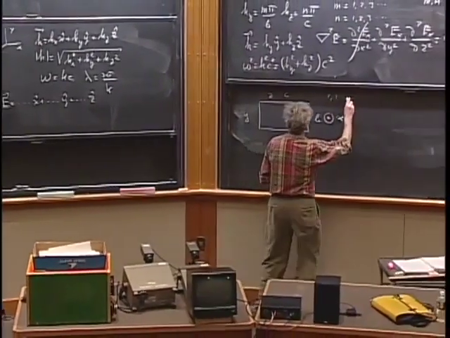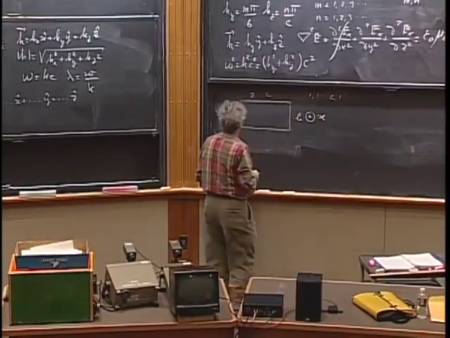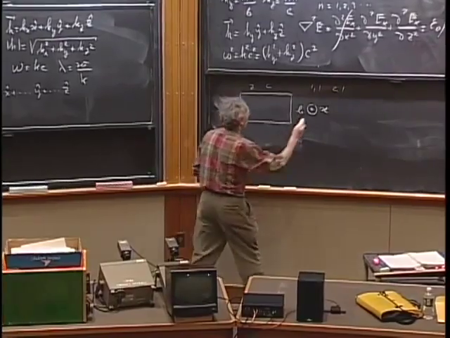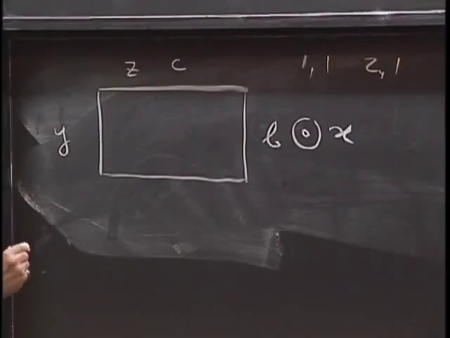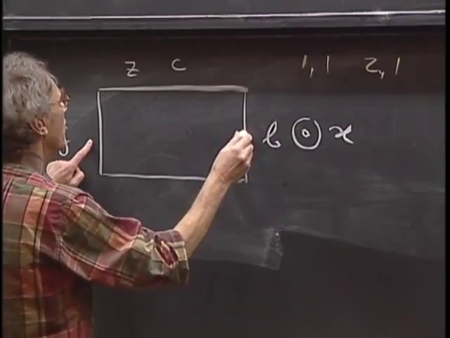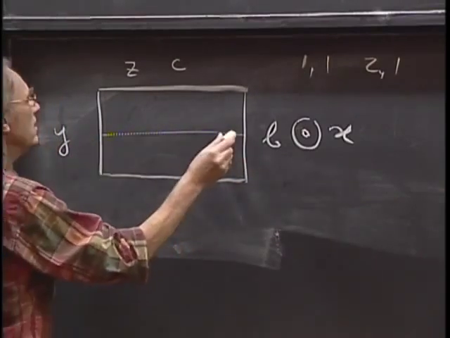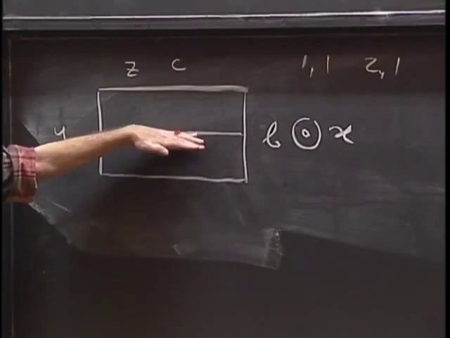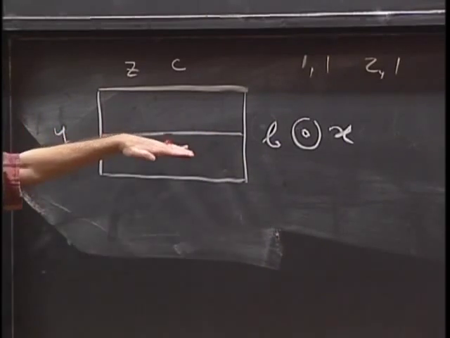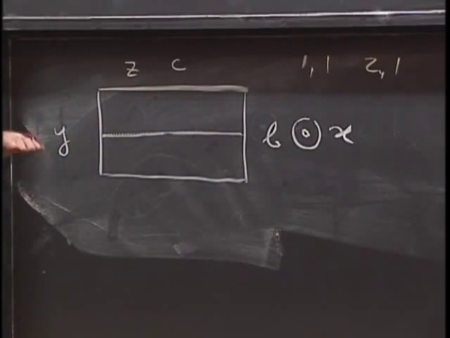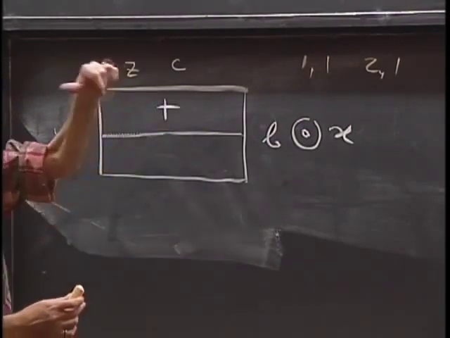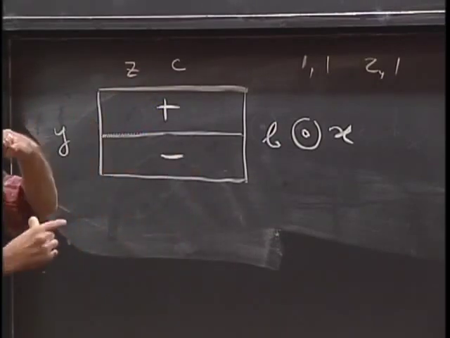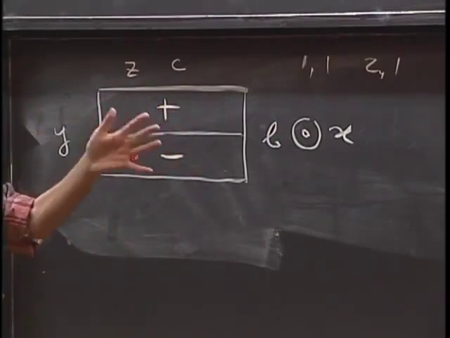For instance, the 2,1 mode would then be, if I make Mary 2 and Nancy 1, then in the Y direction I would have a complete nodal surface which runs entirely through the box, no X component of the E field, and this would be an E field in this direction, and it would go like this.